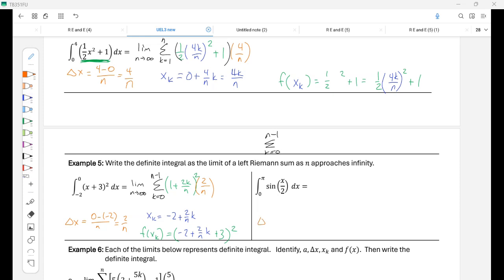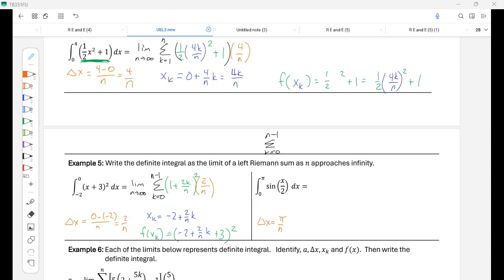So our delta x in this situation, delta x doesn't have a k in it though. Delta x is just b minus a over n, pi over n. Especially when we start working backwards in the next section, that delta x is just the width of your interval.